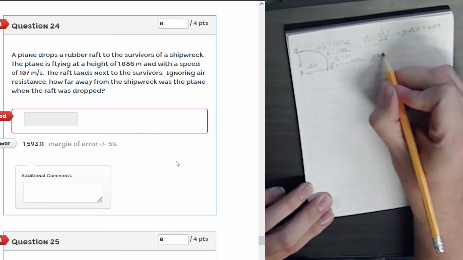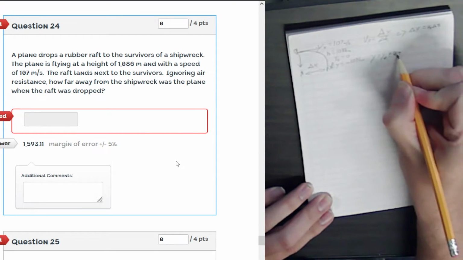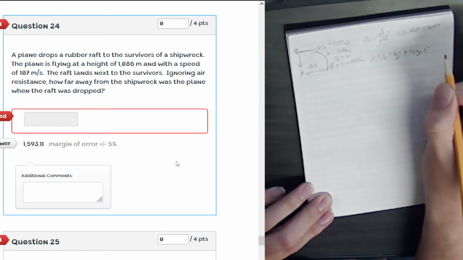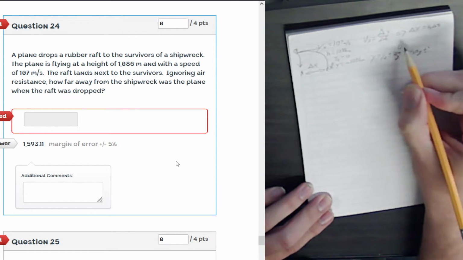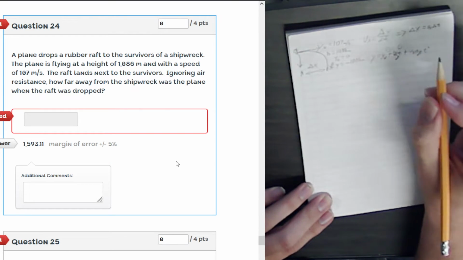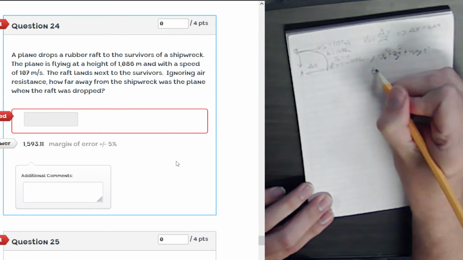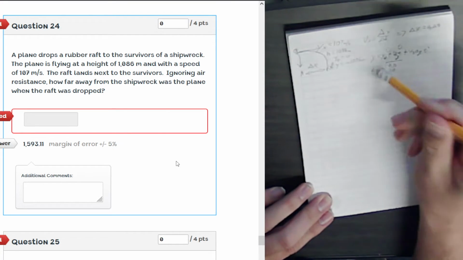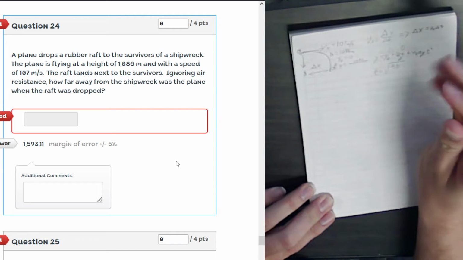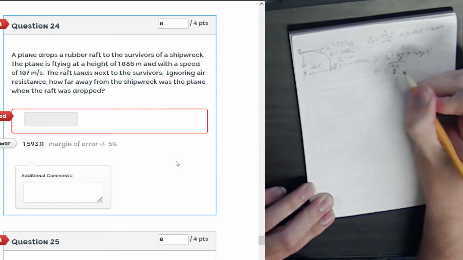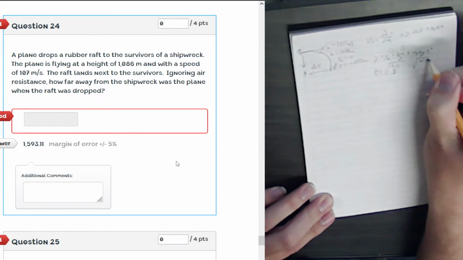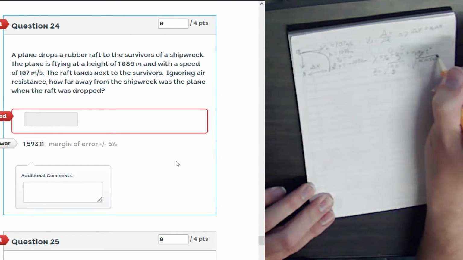So we have y equals y naught plus v naught t plus 1/2 ay t squared. So this is 0 and this is 0. So once again, we can find the time using our square root of 2h over g. Well, g is 10, but let's stick to one thing at a time here. So this becomes square root of 2 times 1086 over 10.